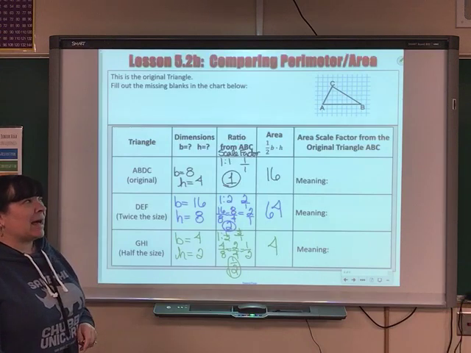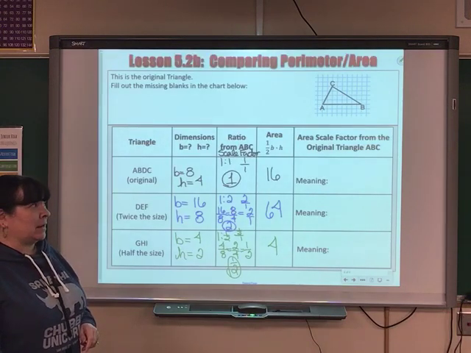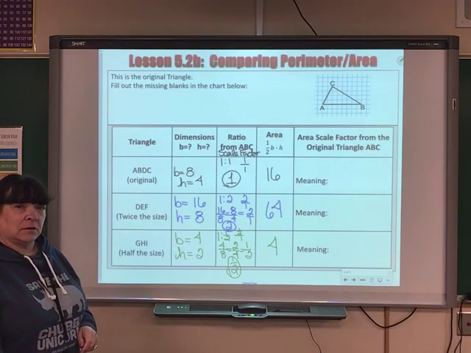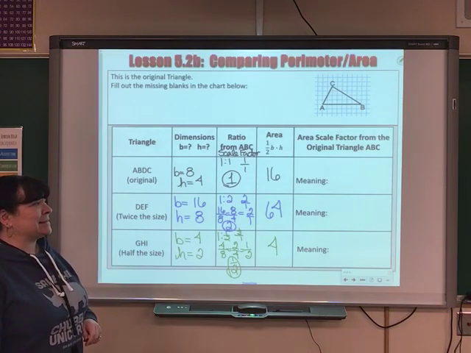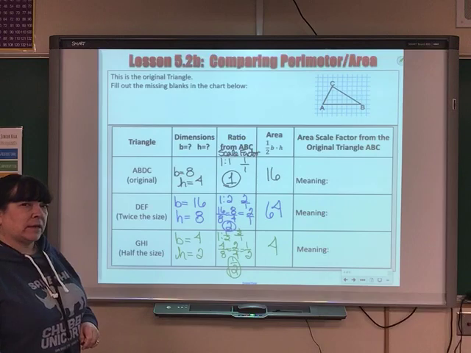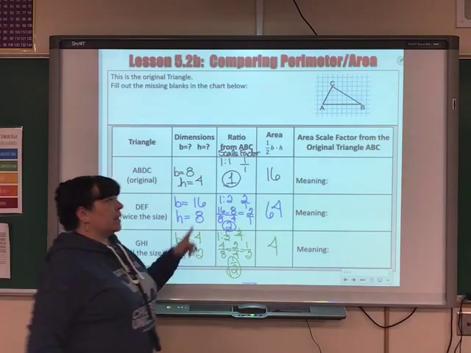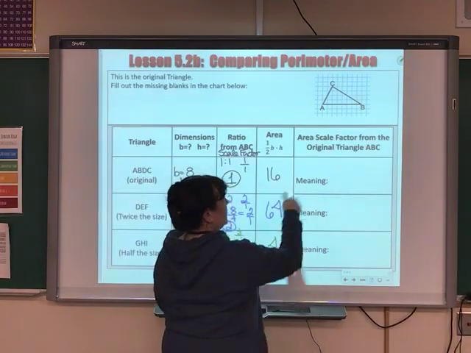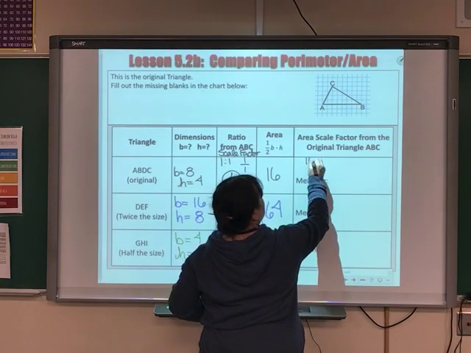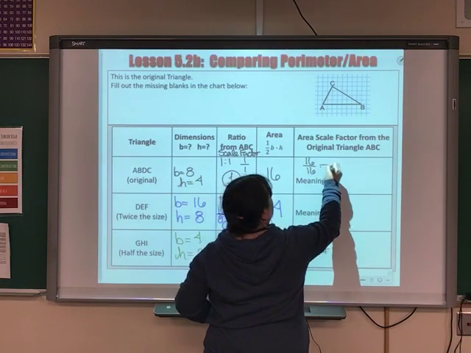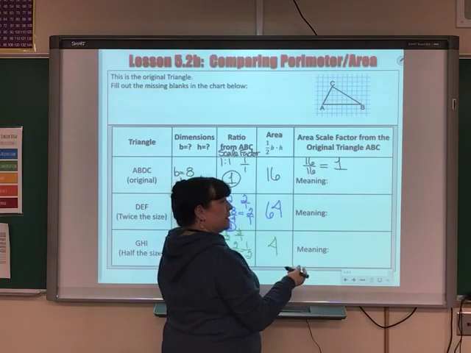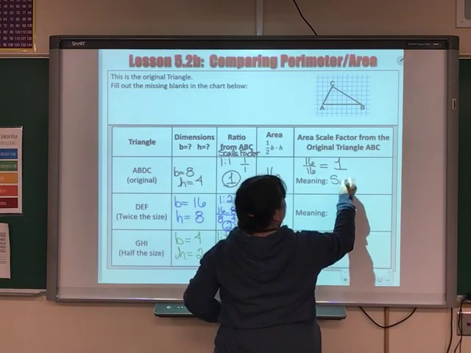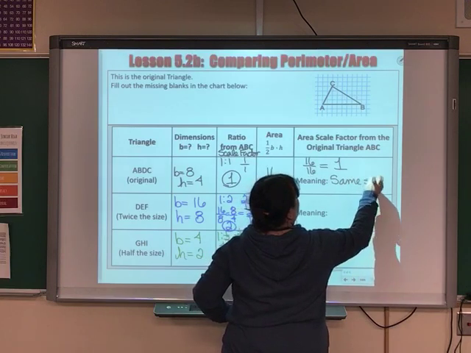When we look at our area scale factor, and we're looking from the original triangle ABC, look at what's going on. Here, this would be 16 is to 16, meaning it is 1, meaning it's the same size.